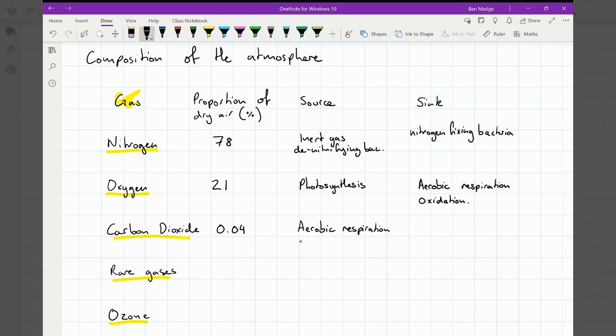Other sources are things like volcanoes, which release CO2 back into the atmosphere that's been stored as rocks, and chemical reaction or combustion.